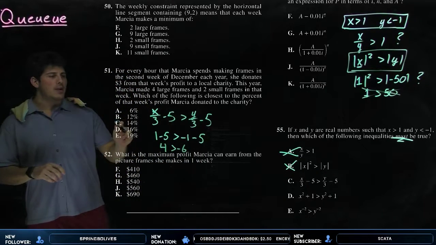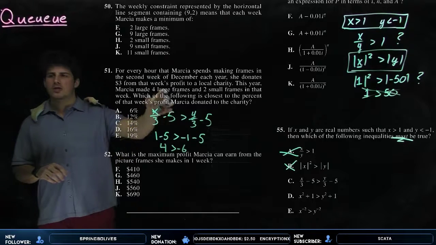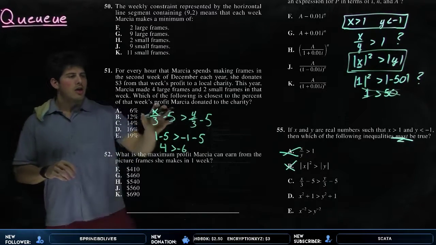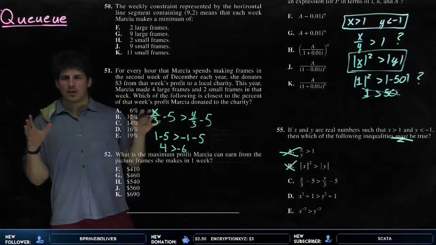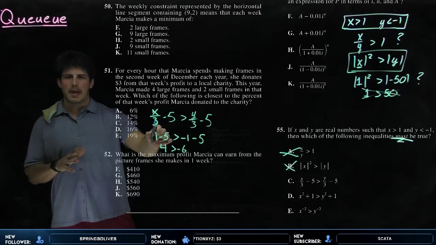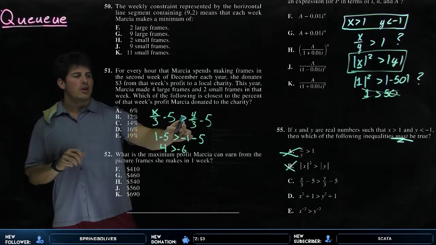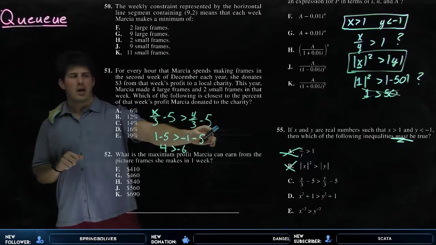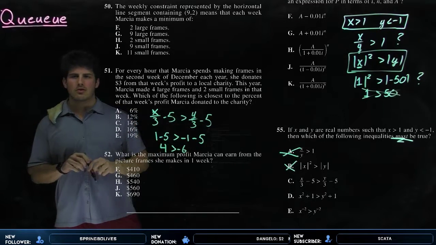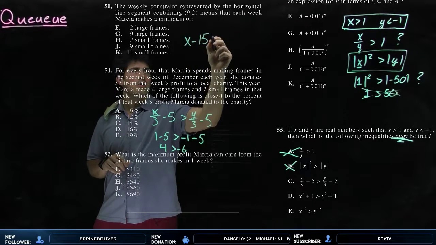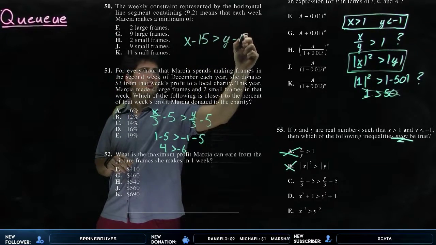But now I need to make sure that I didn't just choose convenient numbers that actually make this work. If I look at this a little more broadly, I'm taking a positive number and subtracting a value, and then I'm taking a negative number and subtracting the same value. I could multiply this by 3 to make it look a little bit easier. So if I go up here, I could say x minus 15 is greater than y minus 15.